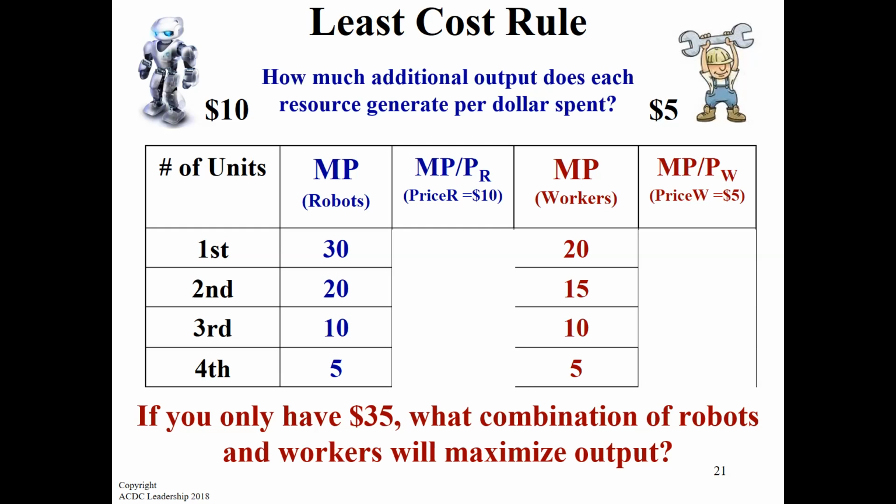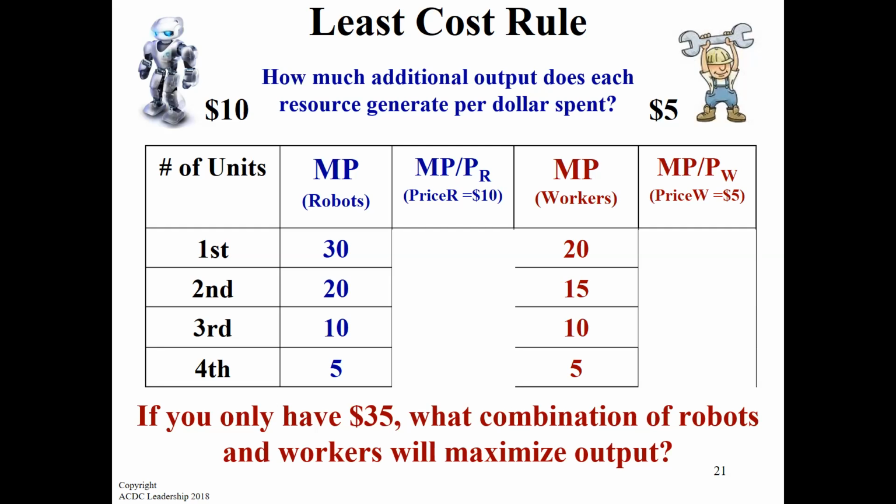So this is again, the marginal utility of labor, that's an L, over the price of labor is the marginal utility of capital over the price. They gave me the marginal utility, so I had to put it over the price. So it'd be like 30 divided by 10, 20 divided by 10, 10 divided by 10. And then here, I'd be dividing them all by 5.